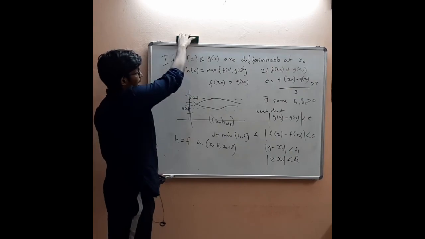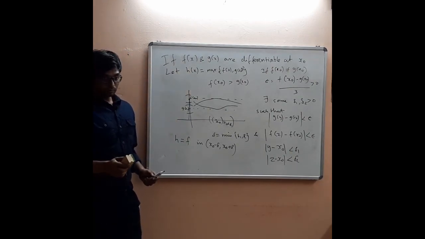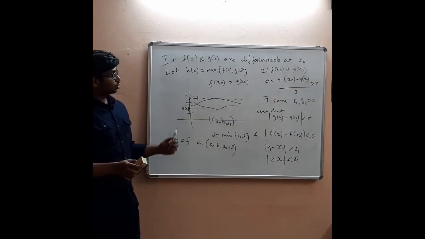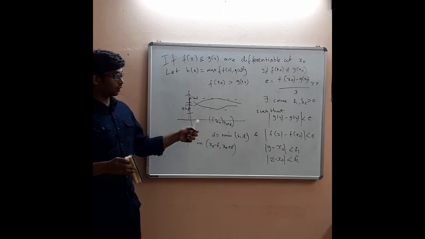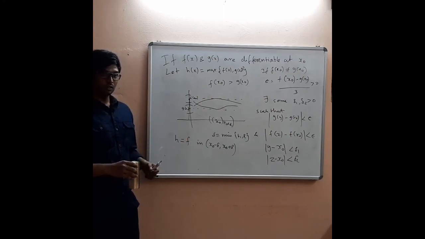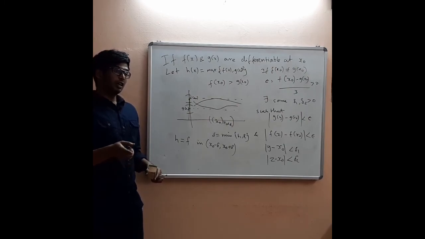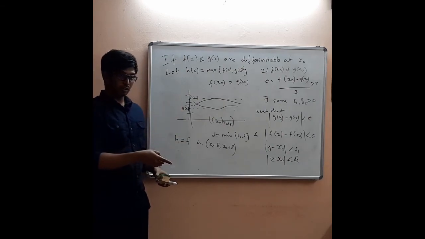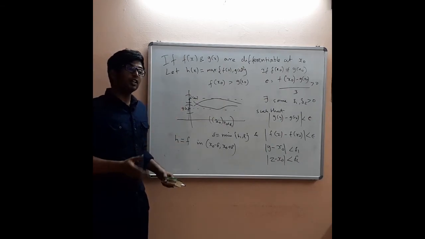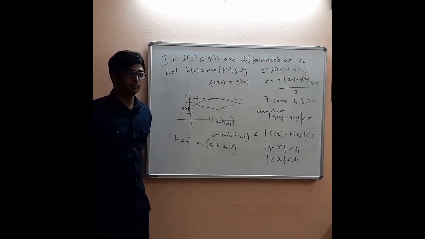I can ask one more question: is it always necessary that h is not differentiable when f of x naught is equal to g of x naught? We have seen that we can generate examples where h is not differentiable at x naught when f of x naught is equal to g of x naught. Can you say that if f of x naught is equal to g of x naught, h is not differentiable?